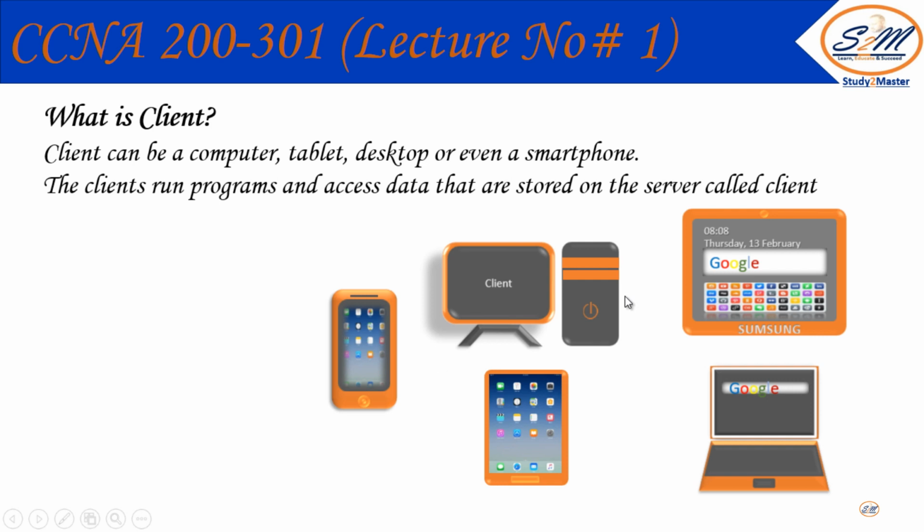These devices are used to access information from the server, or to request information from the server, and the server provides information to those end nodes. So these are called clients. How do we connect these clients into networks, and how do engineers make a network using such devices in order to access information?